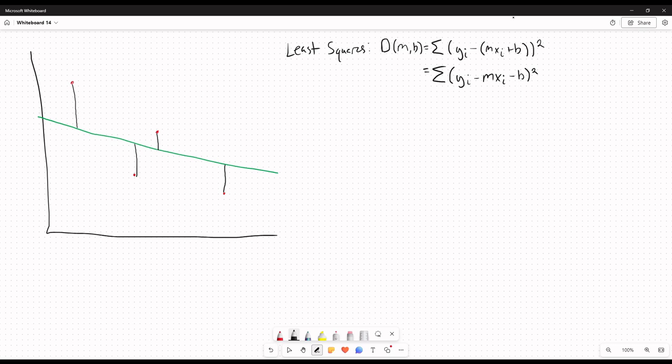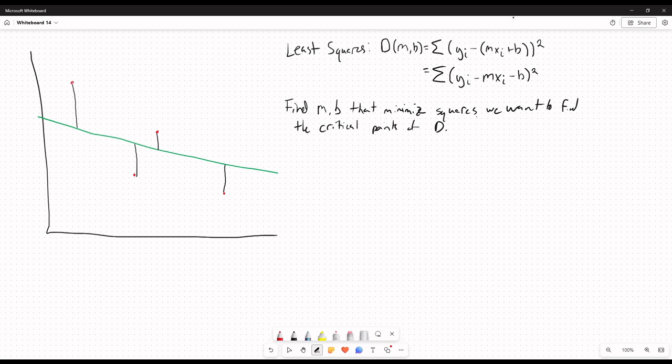So if we want to find the m and b that minimize the squares, we want to find the critical points of D.